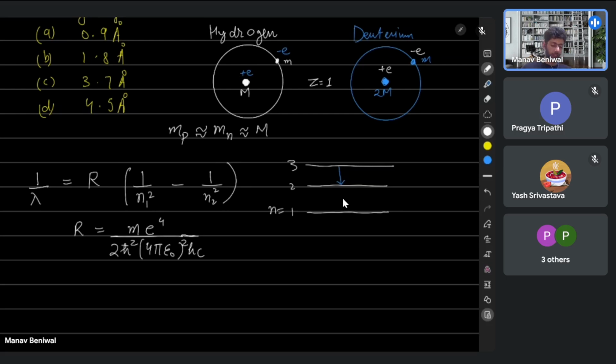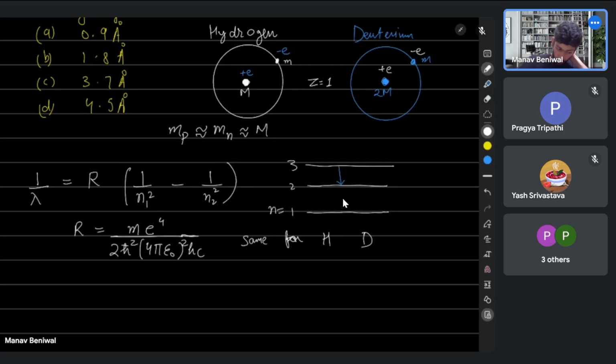Okay. Now what will happen? See, in both cases, this m is your mass of electron, e is your charge, which is same in both cases, and then your denominator is just some constants. You have h cut, epsilon naught, speed of light c, all these things. So your R is same in both the cases, right? So same for H and D, hydrogen and deuterium, R is same.